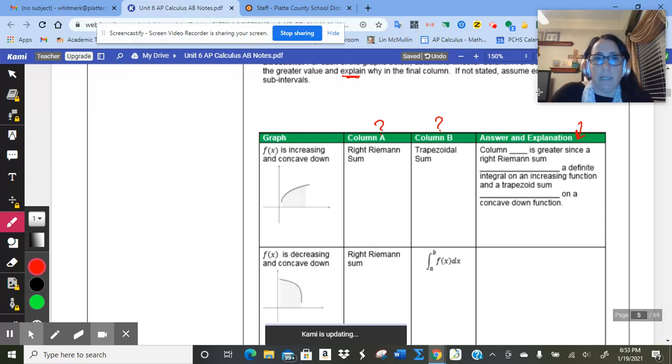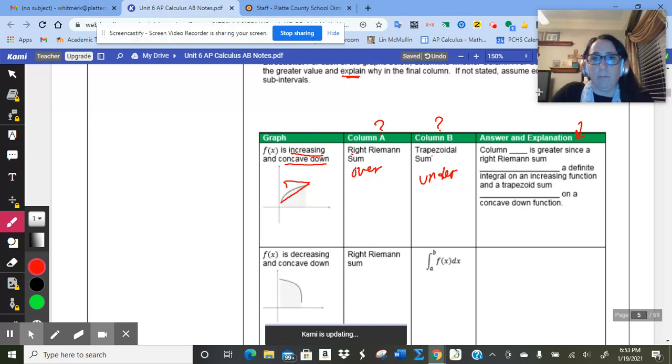All right, so in here, if we're looking at right or trapezoidal, with the right, I can see that I am increasing, so right is an over approximation. A trapezoidal, it says I'm concave down, so a trapezoidal is an under approximation.